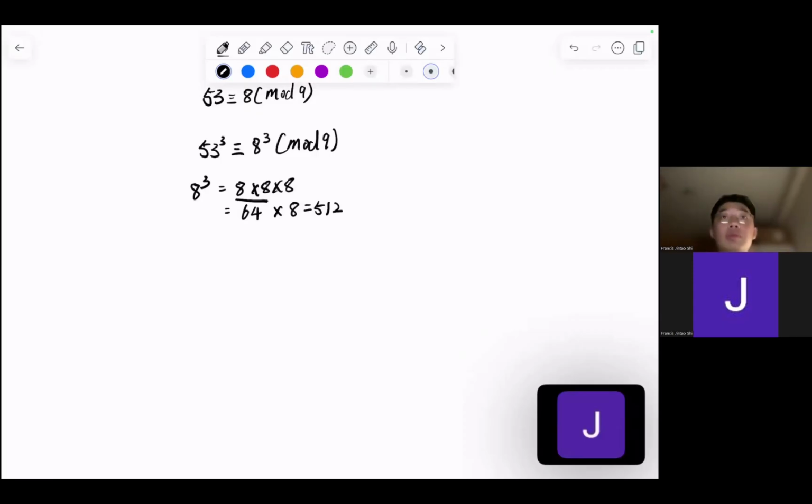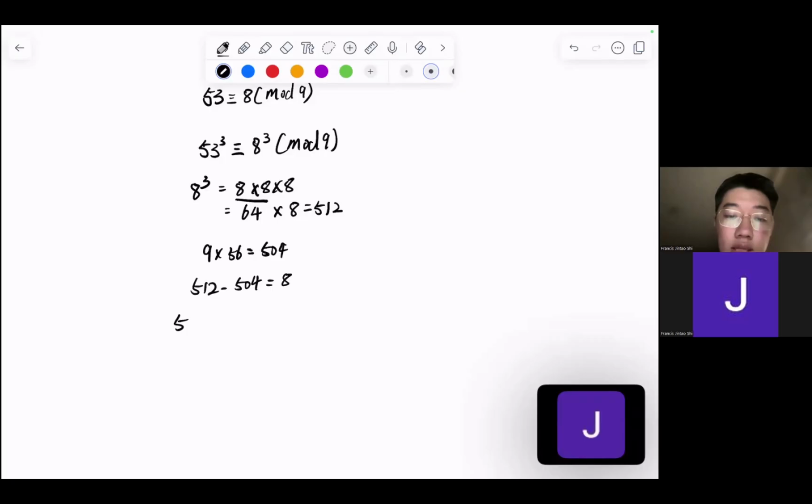And now we can reduce 512 modulo 9. Firstly, we have 9 times 56, which is equal to 504. And 512 minus 504 is 8.